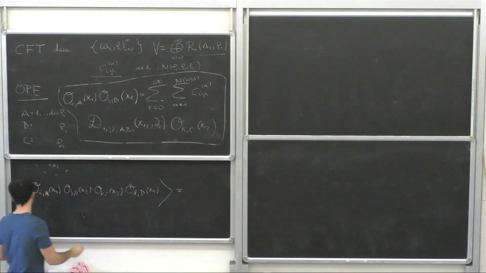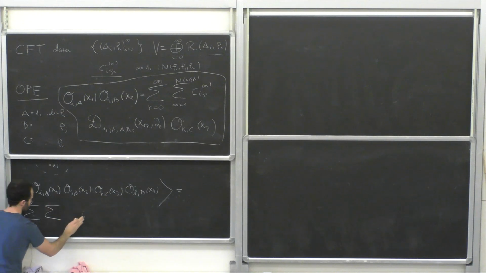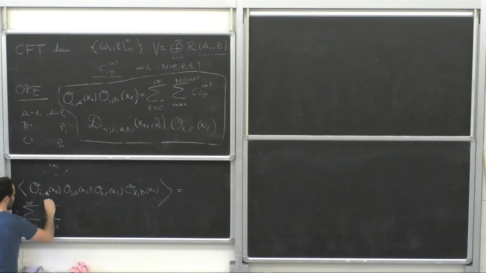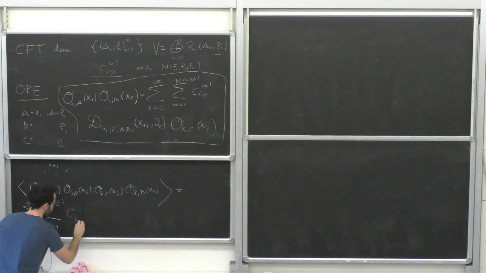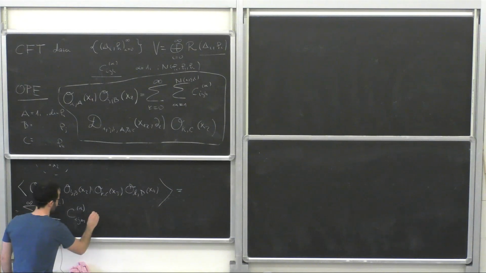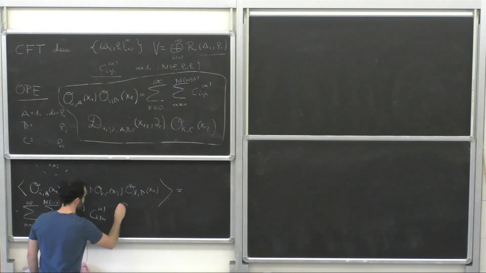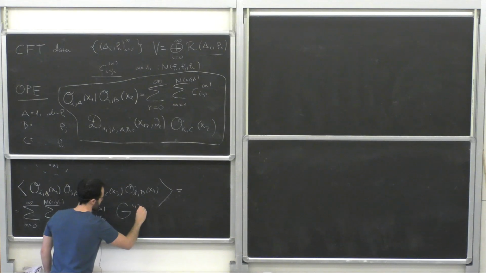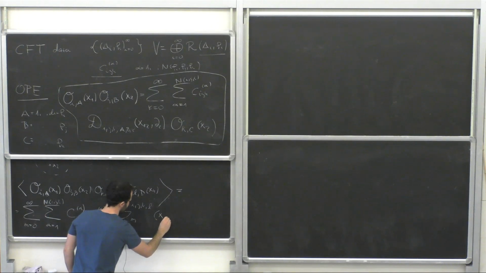Then using the OPE, we would arrive at a sum over M and a sum over these structures alpha, where alpha runs over the allowed structures, and we have C_IJM, C_KLM, the corresponding structure here, times an object which is the conformal block, which depends on the representations I, J, K, and L, on the representation M, and I suppose it also depends on the indices.